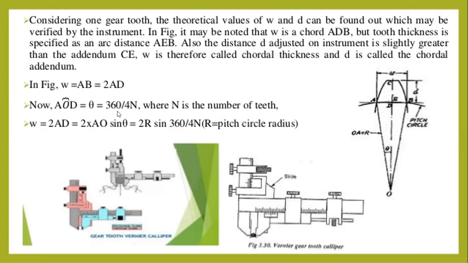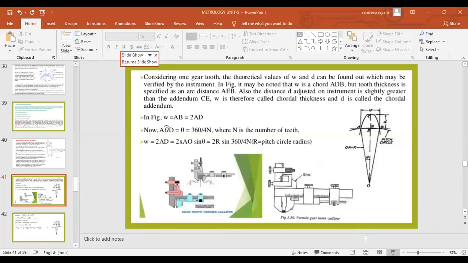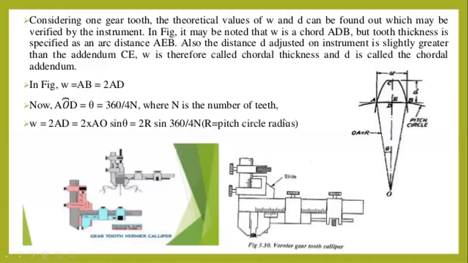And W is equal to 2 into AD, that is 2 into AO sin theta. So by taking that, we substitute the values: R is the radius, W equals 2 into R into sine of 360 by 4N. So R is the pitch circle radius.